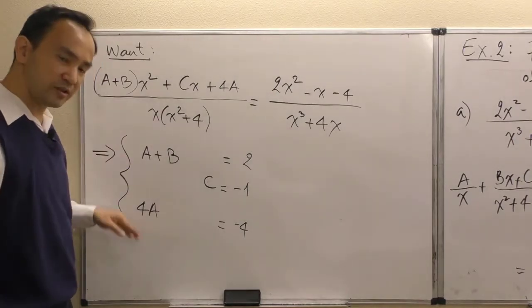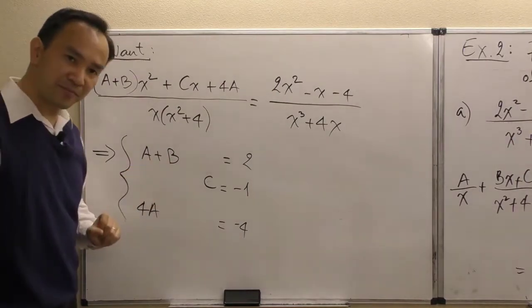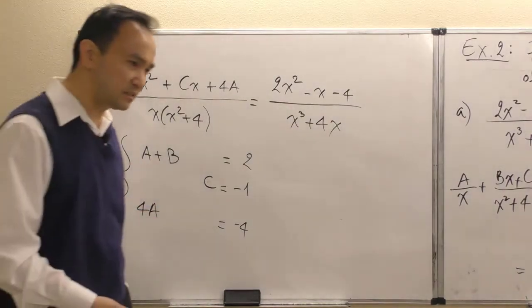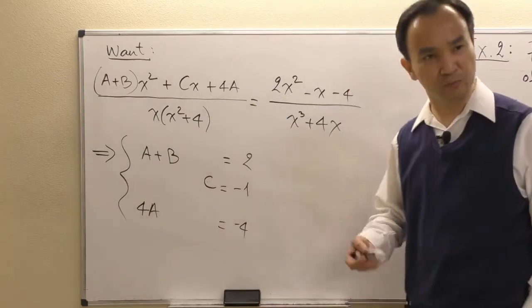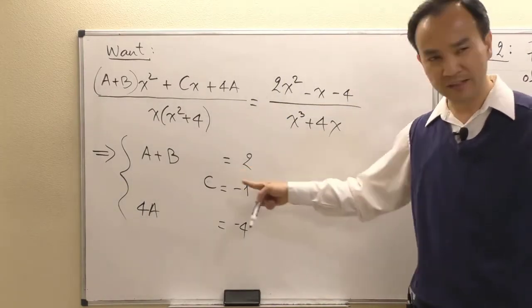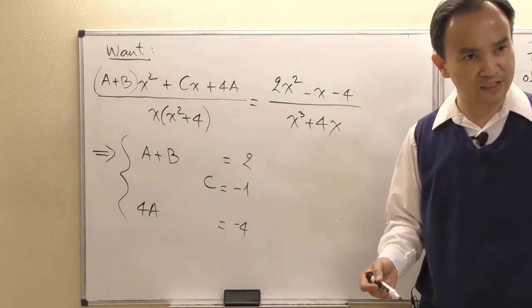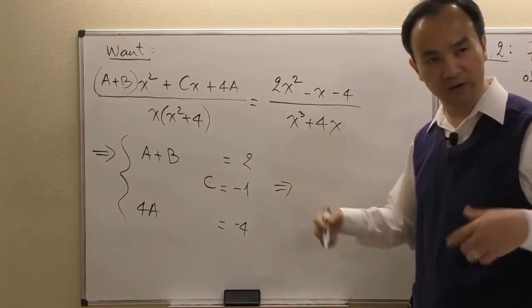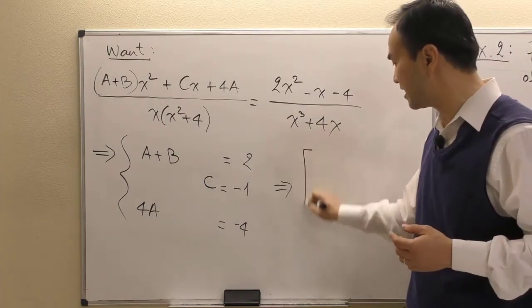Now I have produced a system of linear equations: 3 equations, 3 unknowns, a, b, and c. This one is relatively easy, so I don't think anyone needs to set it up as a matrix, but I leave that as an option for you. In case any viewer would like to go that route, here's your matrix.